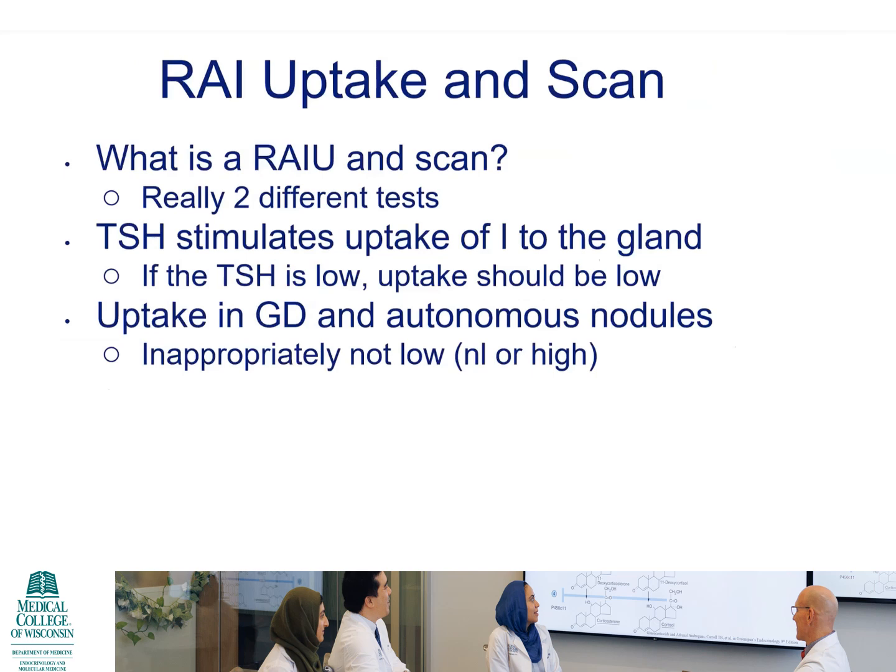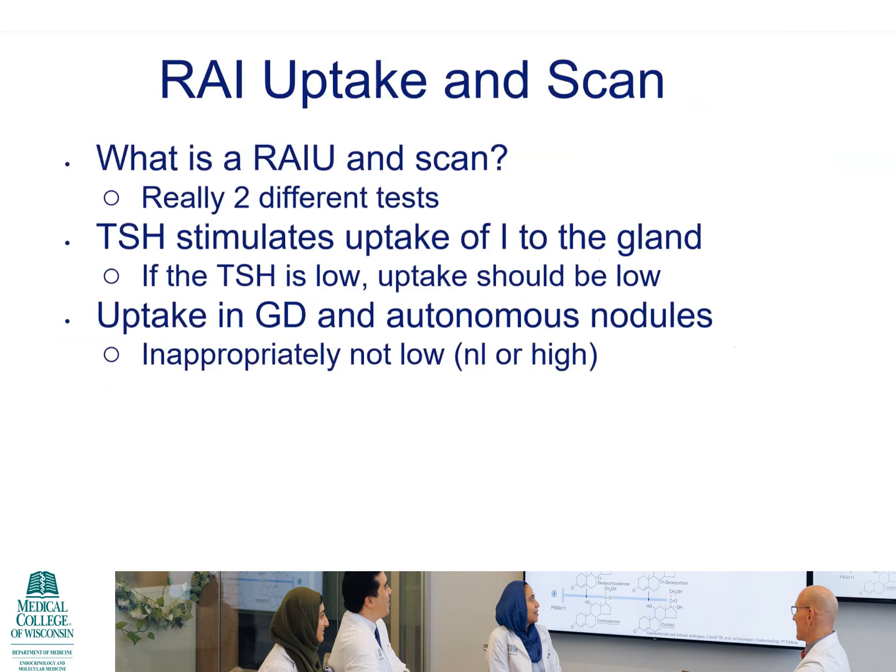So if the TSH is low, there shouldn't be uptake of iodine. So in an individual who doesn't have anything else stimulating the thyroid gland that has a low TSH, they won't have any iodine uptake. In Graves' disease, you have these antibodies that are stimulating the thyroid to pick up iodine, and so they have an inappropriately increased uptake.